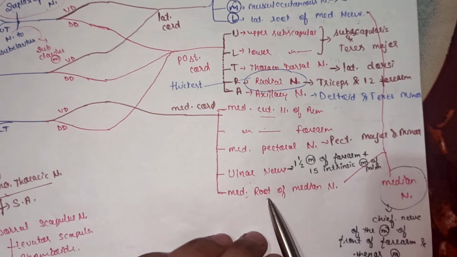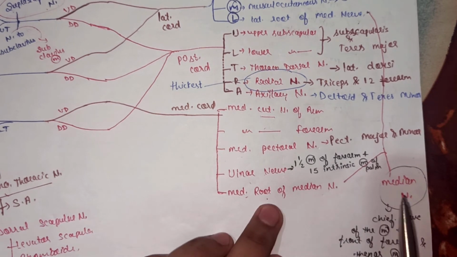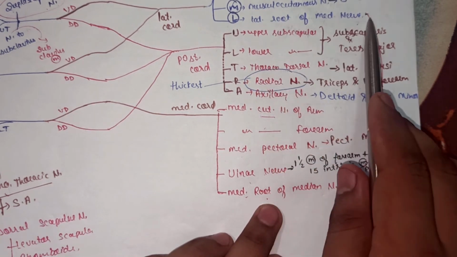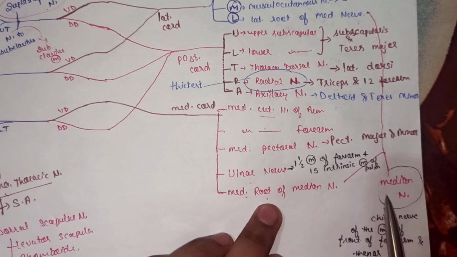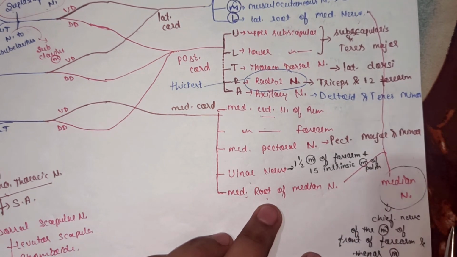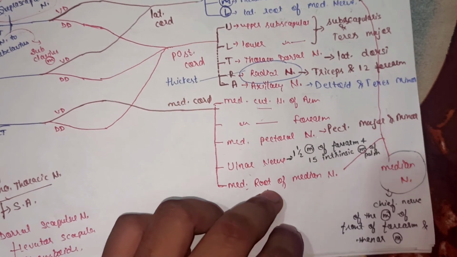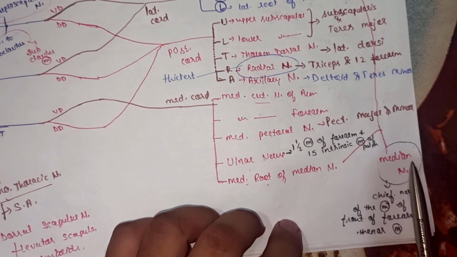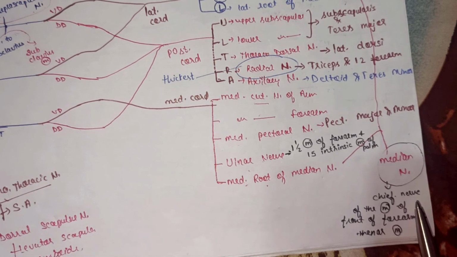The medial root and the lateral root of median nerve combine to form the median nerve, which supplies the front of the forearm and the thenar eminence. So this is a brief idea of the median nerve, and for the median nerve also we will discuss in detail in another video. So this is about the medial cord, posterior cord and lateral cord.